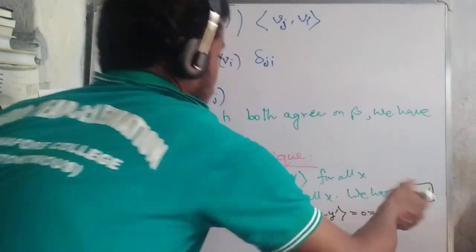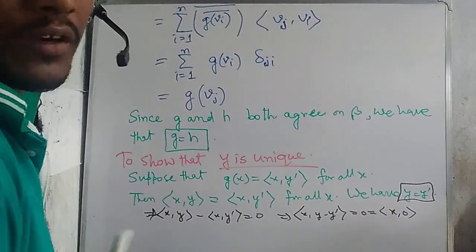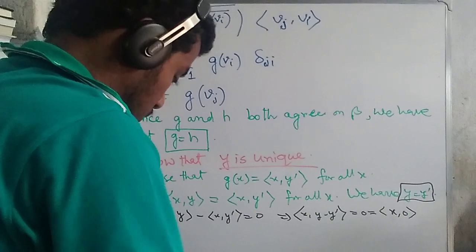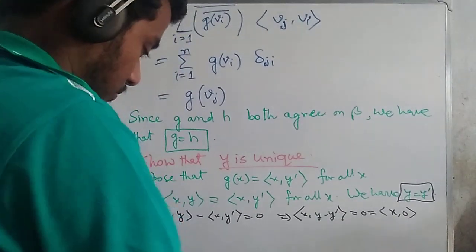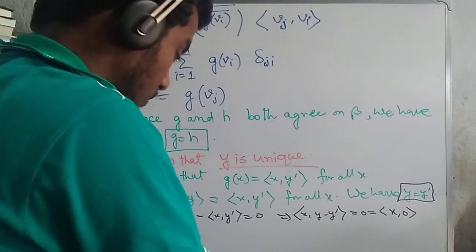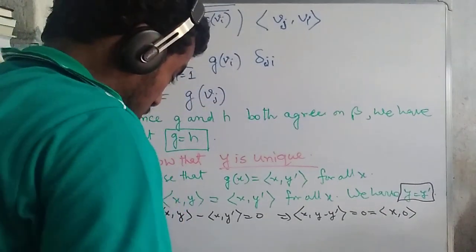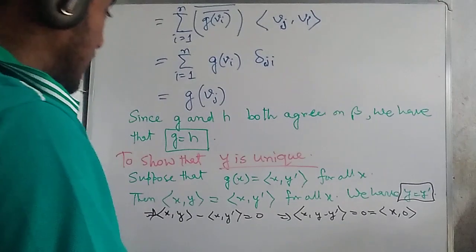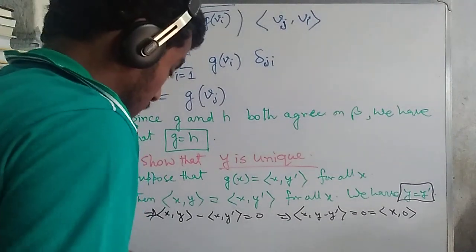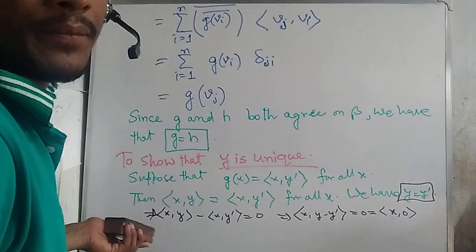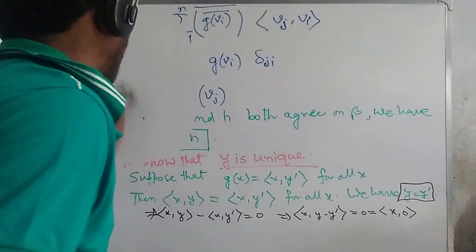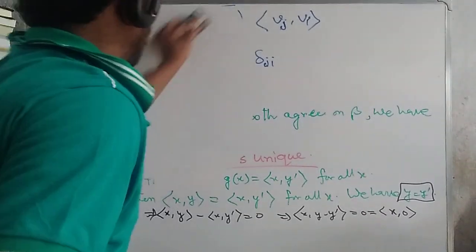Understood? We get this one too easily, not a problem at all. Then we're going to discuss one example related to that topic, so we erase that portion.